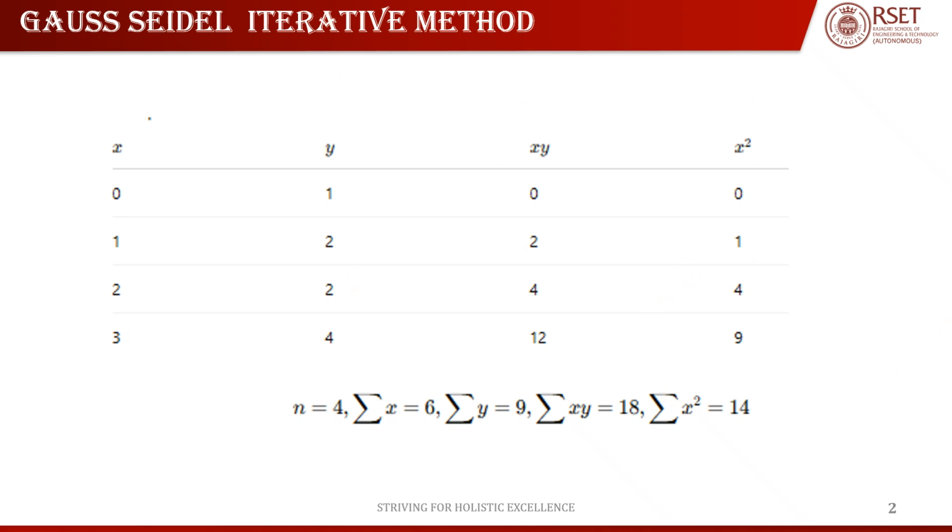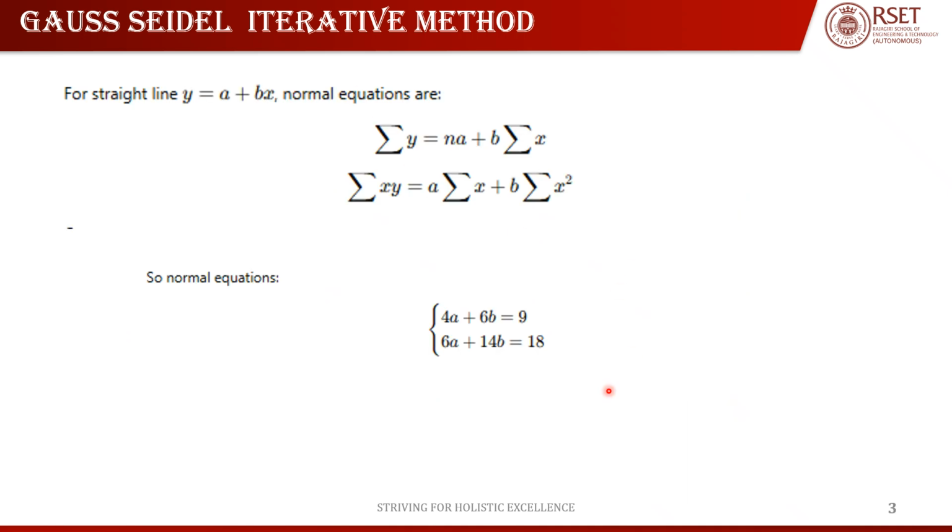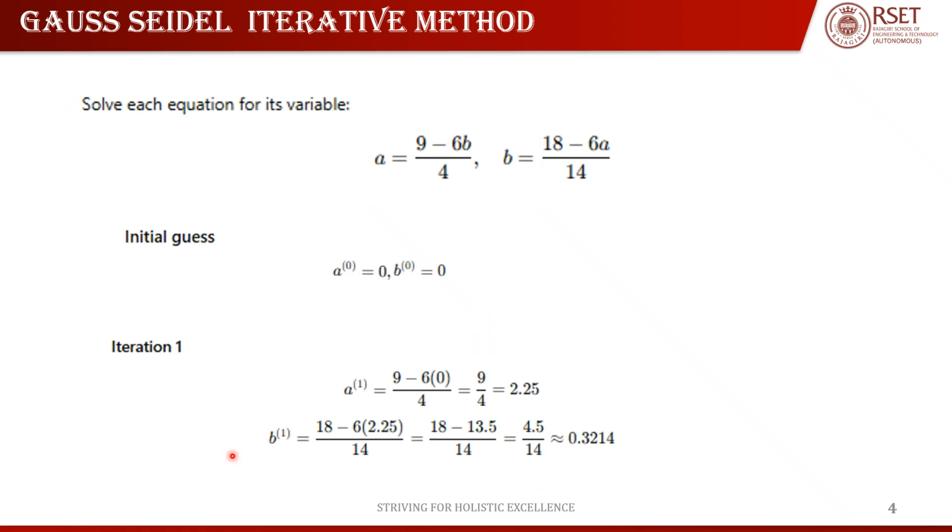Then form the normal equations. Your normal equations will be 4a plus 6b equal to 9, and 6a plus 14b equal to 18.